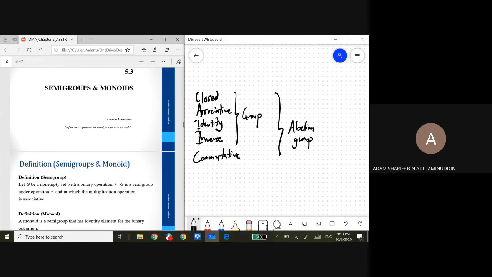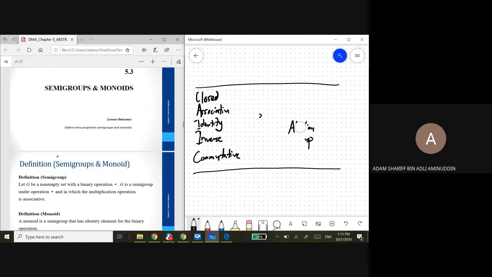Okay, for semi-group and monoid, it's very simple. Semi-group, as the name implies, is the half of the group. So you can imagine like this. A semi-group is any G that is given. If it satisfies 2 of these conditions, we can declare it as a semi-group already.